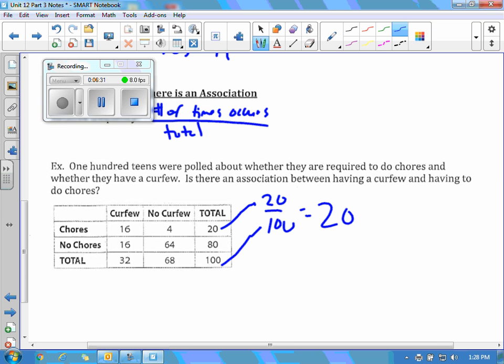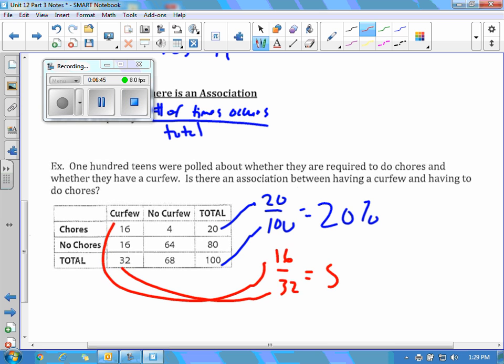So 20% of kids do chores. Of those who do chores, 16 have a curfew. So 16 out of 32. So that's 50%. So 50% of the kids who have to do chores also have a curfew. So we can say that there is an association between the two.